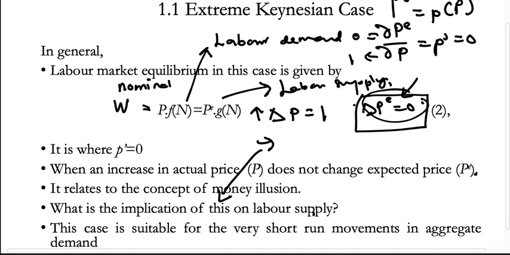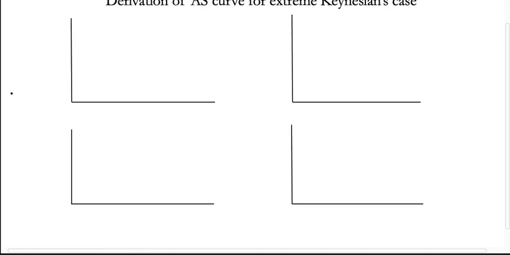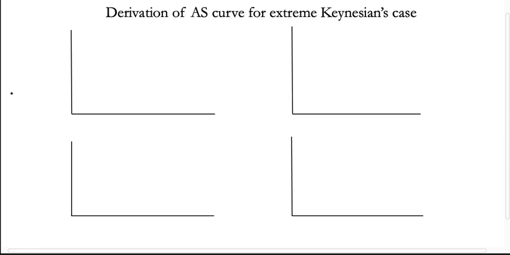Okay, so we can try to put this in the form of a graph here. Look at this carefully. We use 4 different parts of the graph. The first graph here is for labor supply but with nominal wage. So quantity of labor, labor market. So this is the labor market.